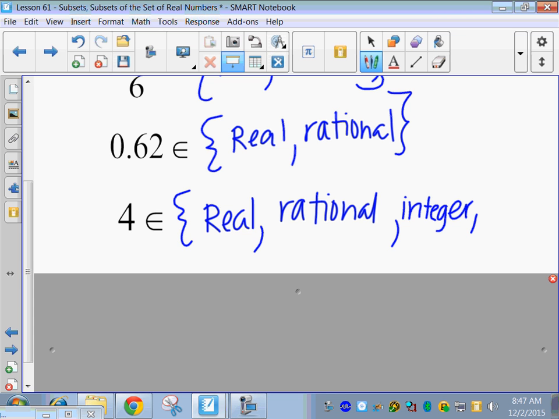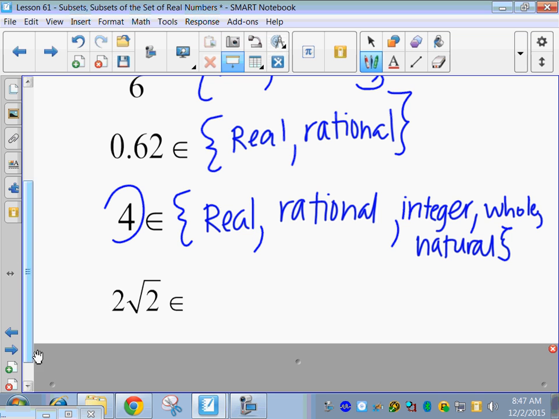And then the next set down below integers is whole numbers. Riley, is it a whole number? Yeah, whole numbers are 0 and up. Okay, and then Ella, is it a counting number? Yes, or natural. And that's as far as it goes. So guess what? Every single thing that is 1 and up is going to be all 5 of those, right? 1 and up every time is natural, whole, integer, rational, real. Okay? So any number 1 and up, you should have 5 things. And as long as it's not a decimal or a fraction, right?